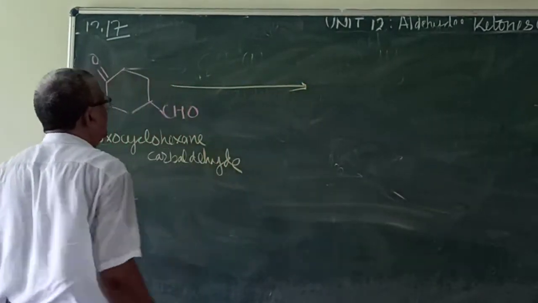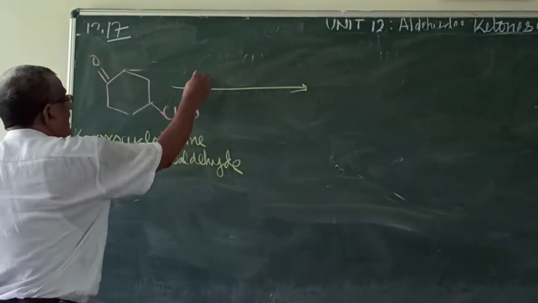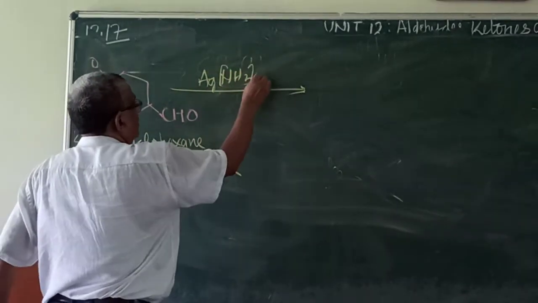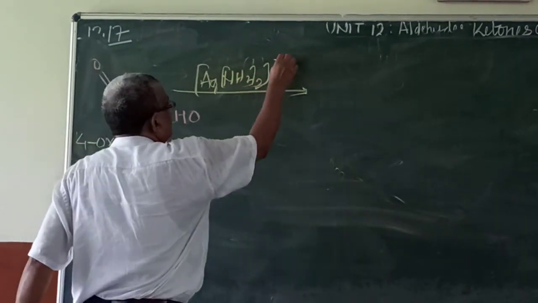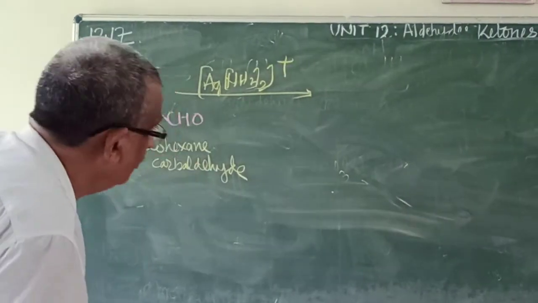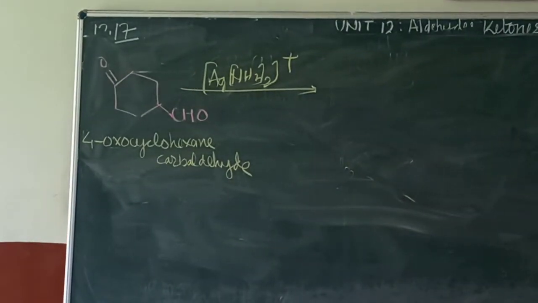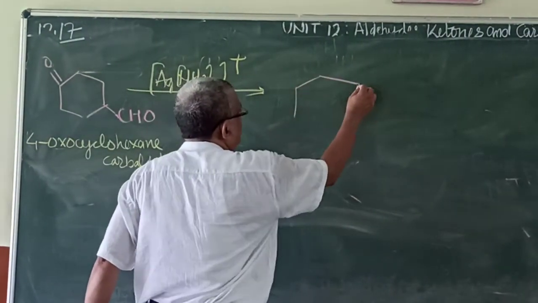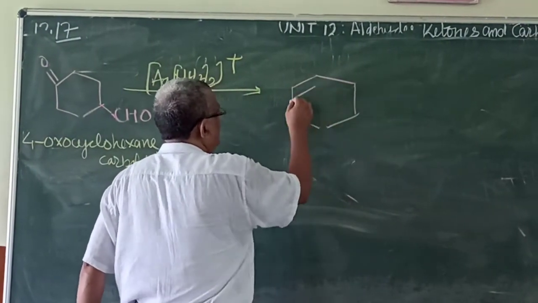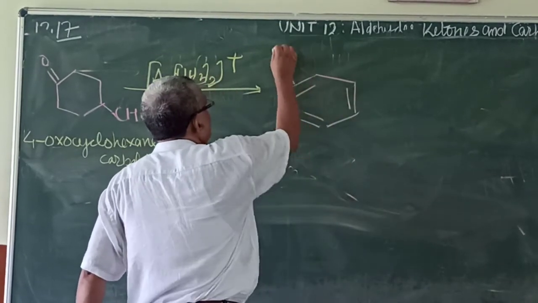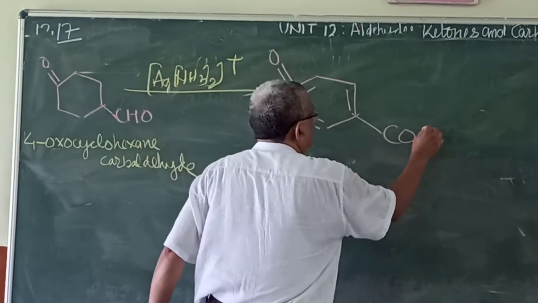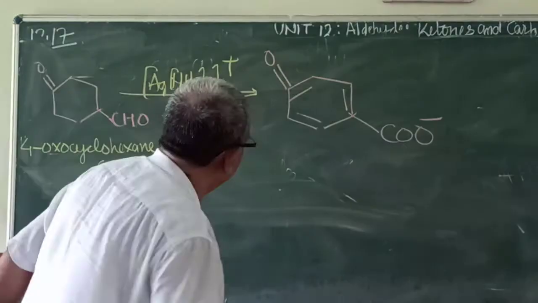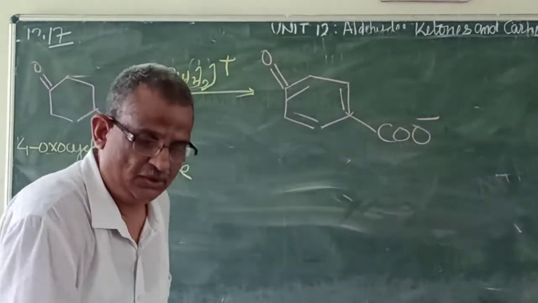Now you treat it with this. What is the compound here? Just see here. Ag(NH3)2+. Now what will be the product here? The product here will be, just see it very carefully please, this: COO-. This is the answer. Now what is the name? You have to write the name also.